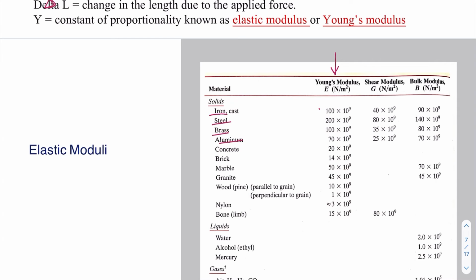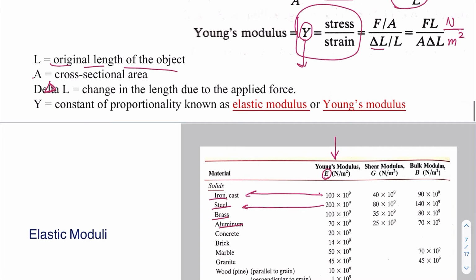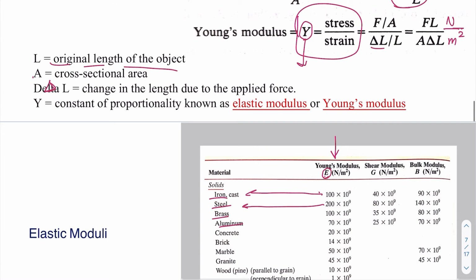So this column is showing the Young's modulus number for each. In this textbook, or in this resource, Young's modulus is shown by E. So sometimes in some references it is denoted by E, but most commonly it is shown by Y, because it comes from the first letter of Young's modulus.